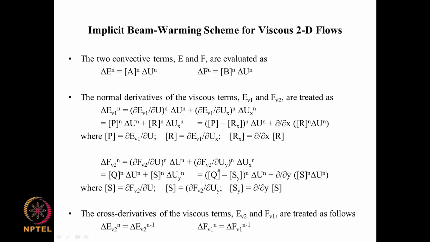This quantity is known, times delta u y. So, this is again written as q n delta u n plus s n delta u y, and that gives us another equation here. So, S y is okay.